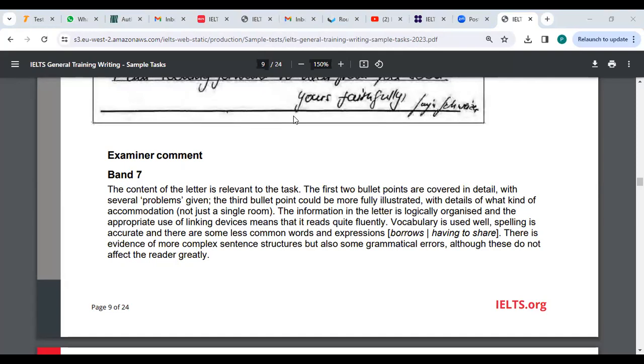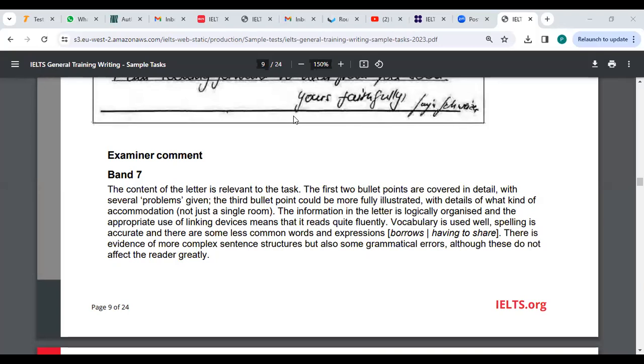The first 2 bullet points are covered in detail with several problems given. The third bullet point could be more fully illustrated with details of what kind of accommodation, not just a single room.